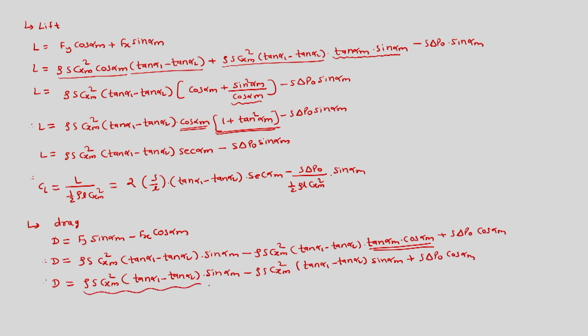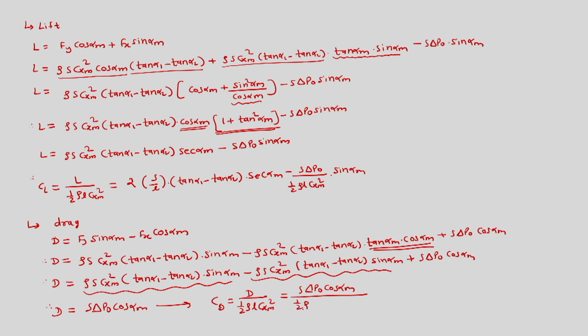We can see that the first two terms are the same. So, we have drag is equal to s delta p naught cos alpha m. So, we can write down drag coefficient CD is equal to drag divided by half rho L Cxm square. So, it is S delta p naught cos alpha m divided by half rho L Cxm square.